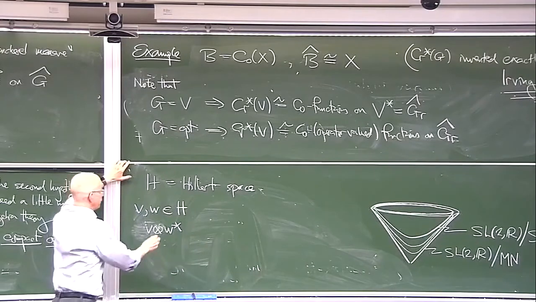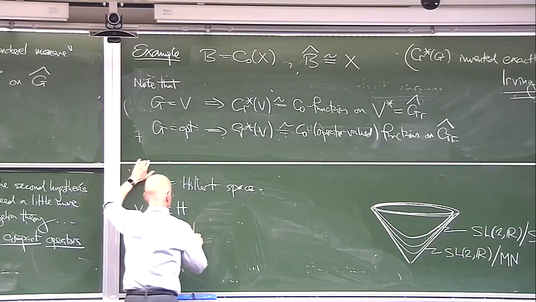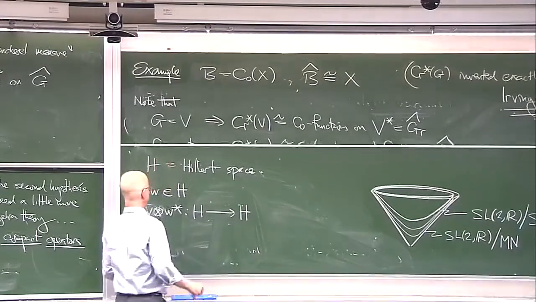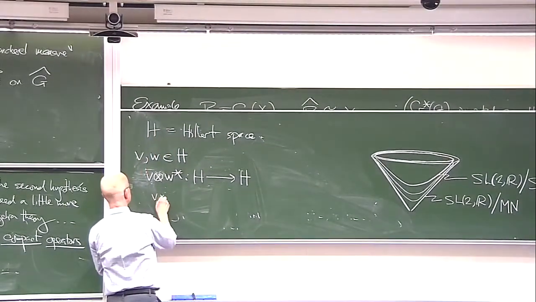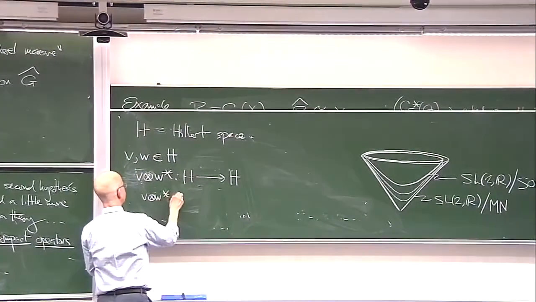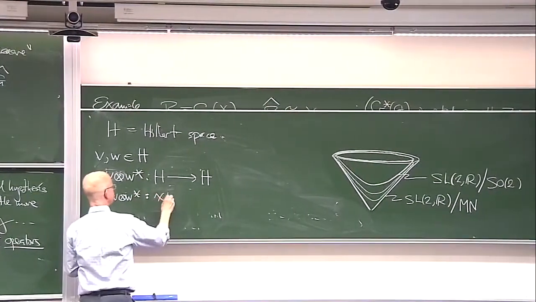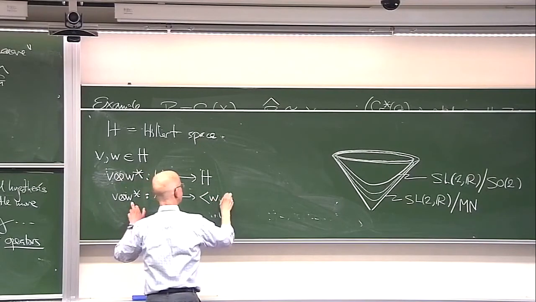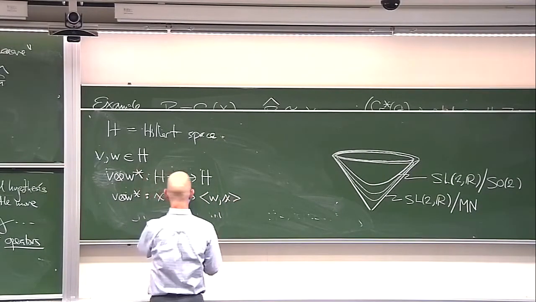I want to build an operator out of these two vectors, so it will be an operator from H to itself, and here's how I'll build it. If I have a vector X, I'll take the inner product of W with X.